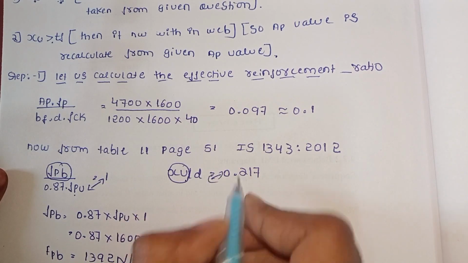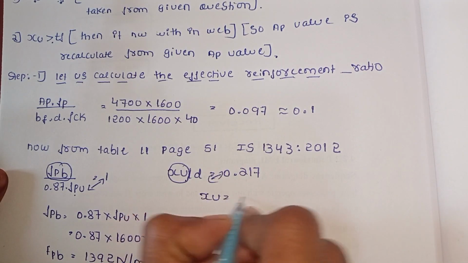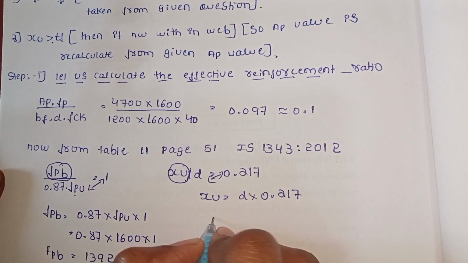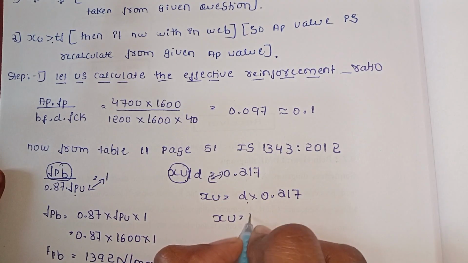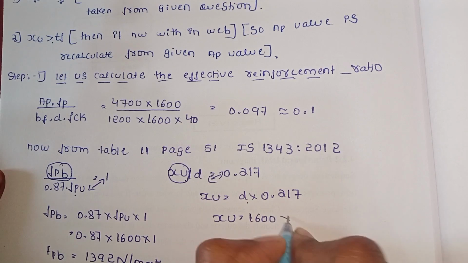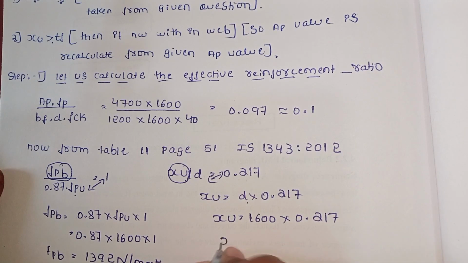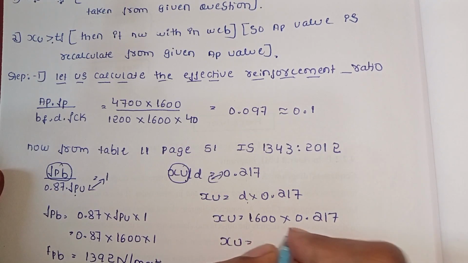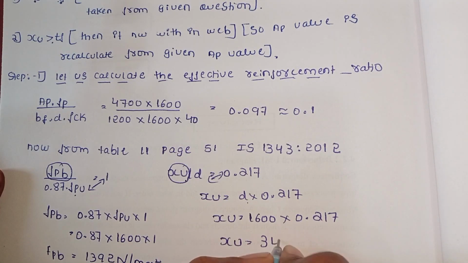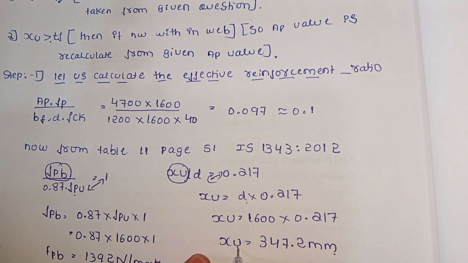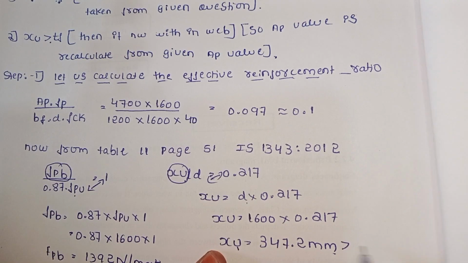Again cross multiplication. XU equal to D into 0.217. XU equal to D, 1600 given in the question, into 0.217. Now we got XU as 347.2 mm.